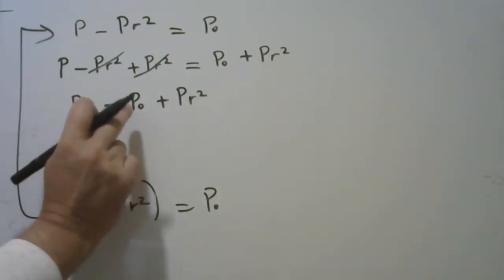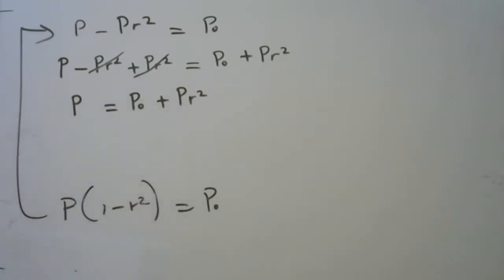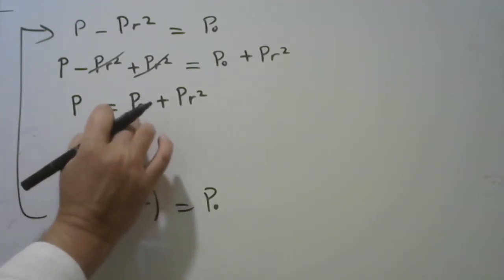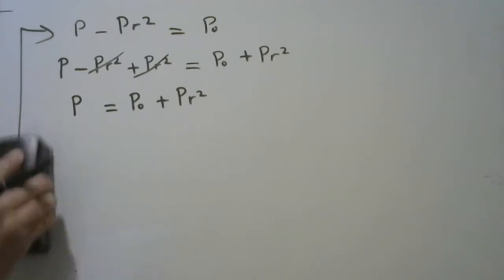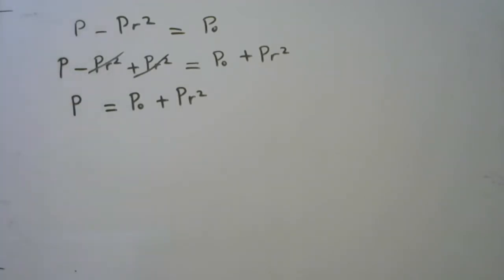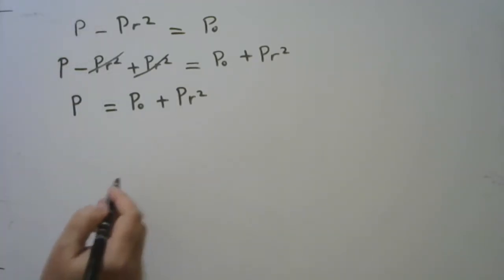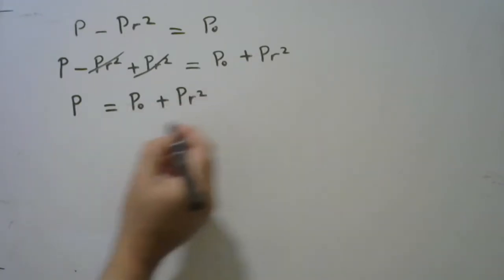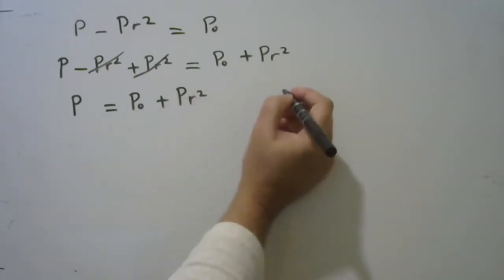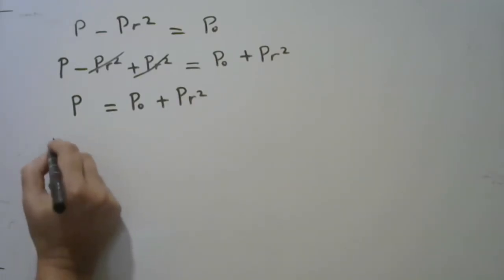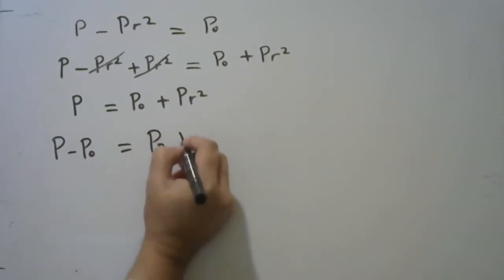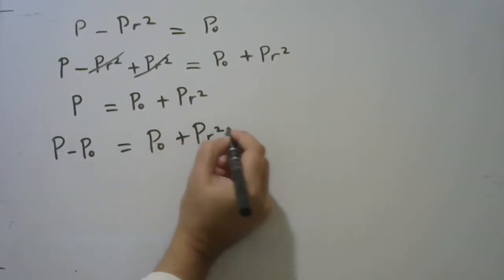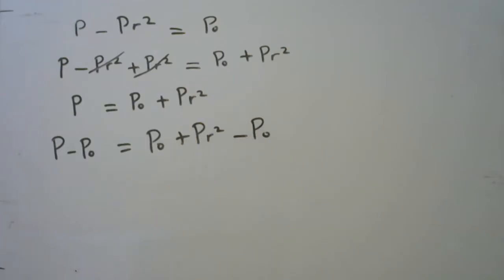Now we want to get rid of this P naught term here because we want the R squared alone on this side. This is like plus P naught. So let's try to do that. The next step, if I subtract P naught from both sides, I'm going to get P minus P naught is equal to P naught plus PR square minus P naught.